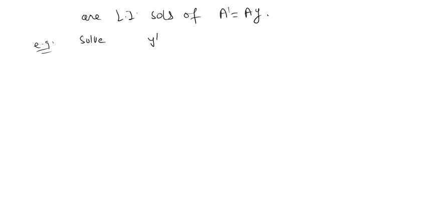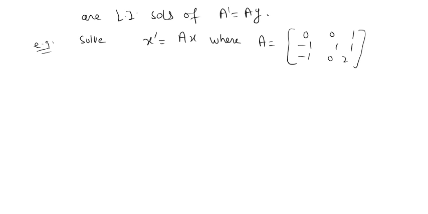Okay, now I'm changing the notation, so you can solve also x dash equal to A x. Don't be consistent with notations, you can use x, y, etc. So where matrix A is 0 0 1, minus 1 1 1, minus 1 0 and 2.